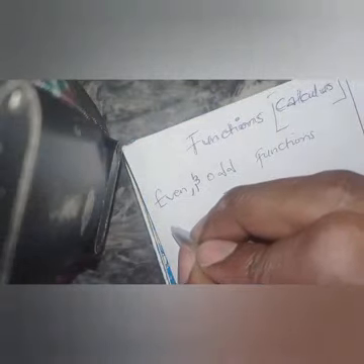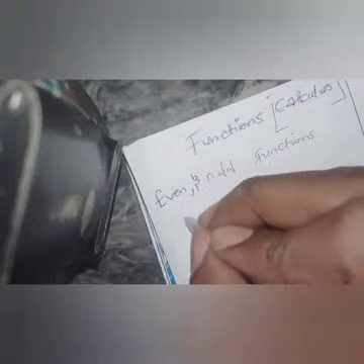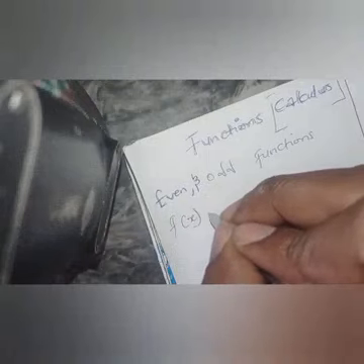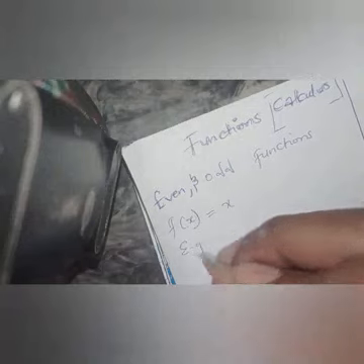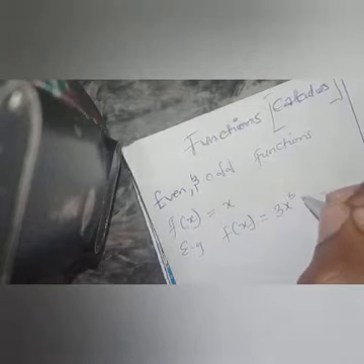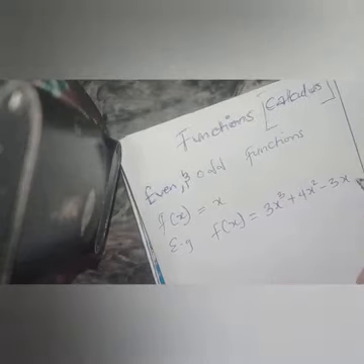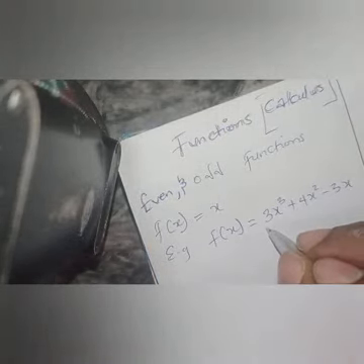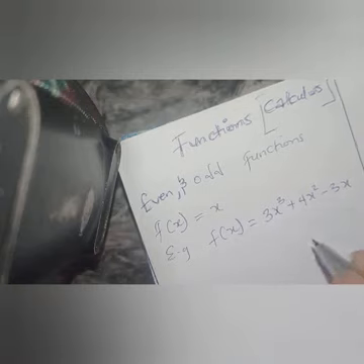So let's head to business. For instance, let's say the even function. The even function states that, suppose a function of x is given. For instance, let me use an example. f of x is equal to 3x cubed plus 4x squared minus 3x. And then they ask you to ascertain if this function is even or odd.